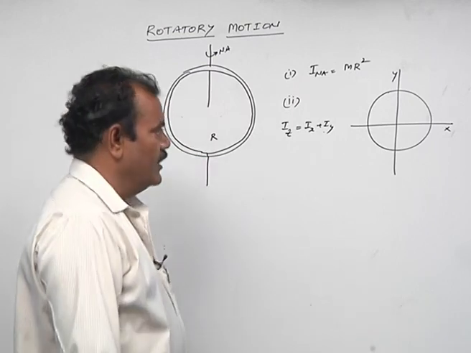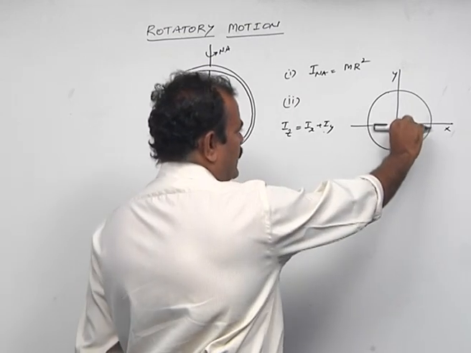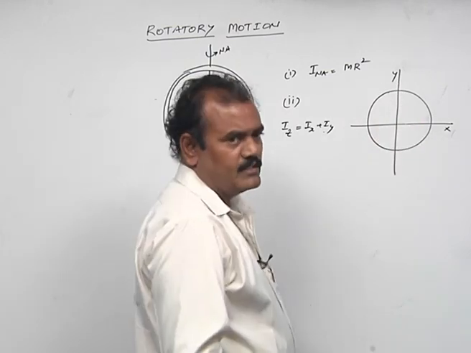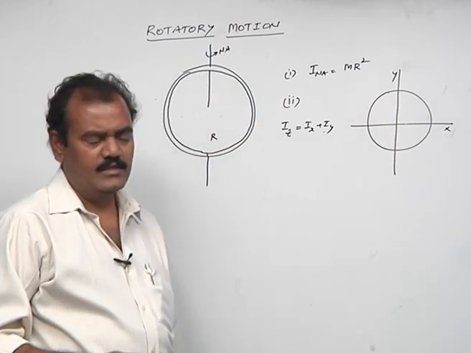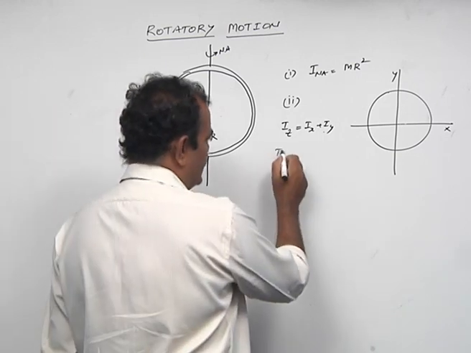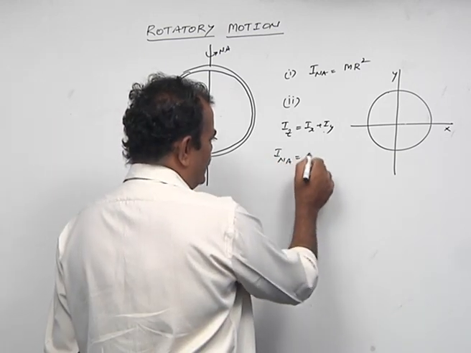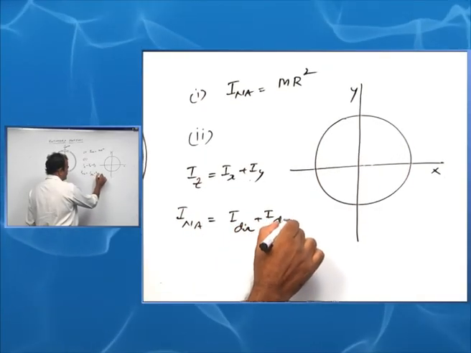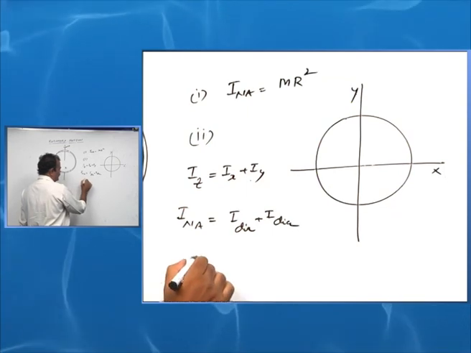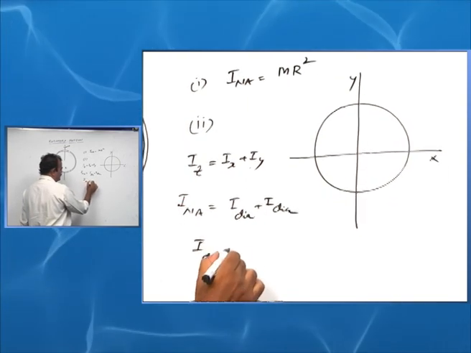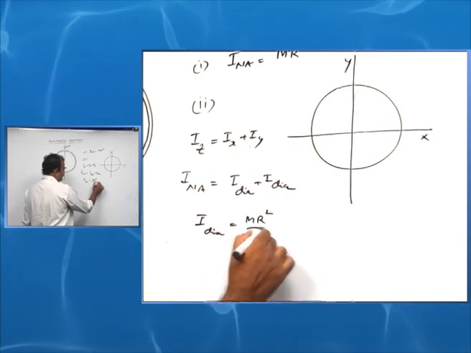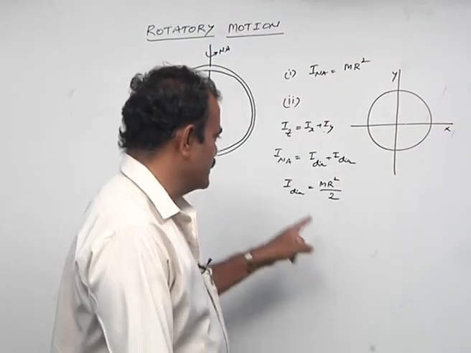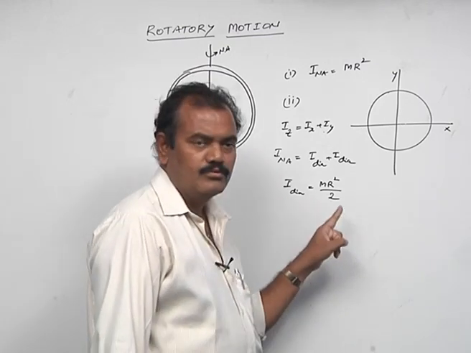Iz is nothing but the natural axis of the ring. So in place of Iz we take INA, and Ix plus Iy is I diametrical axis plus I diametrical axis. That's why I diametrical axis is equal to MR square by 2. I diametrical axis in case of the circular ring is MR square by 2.